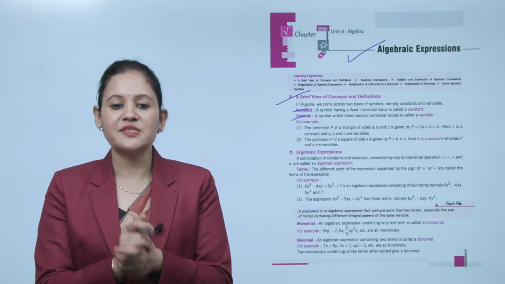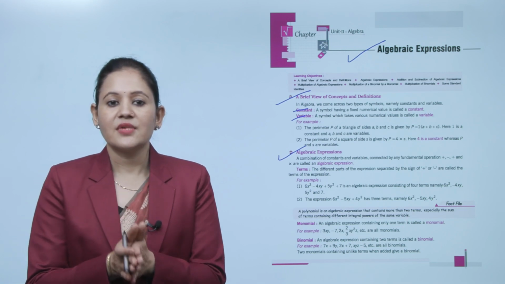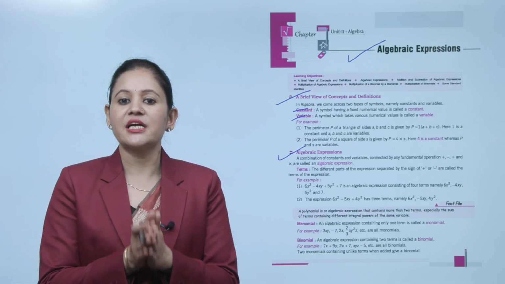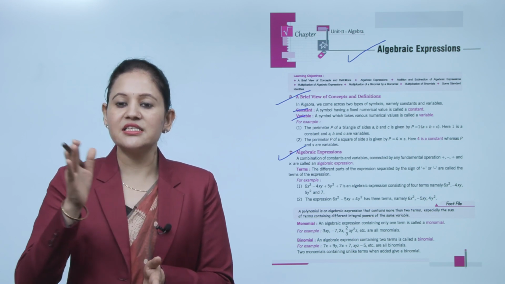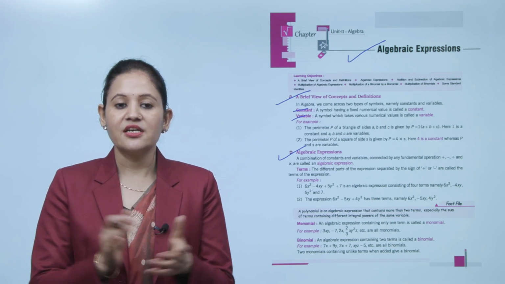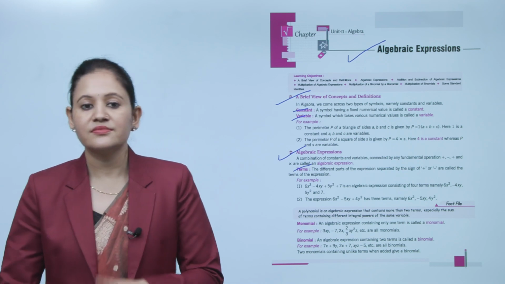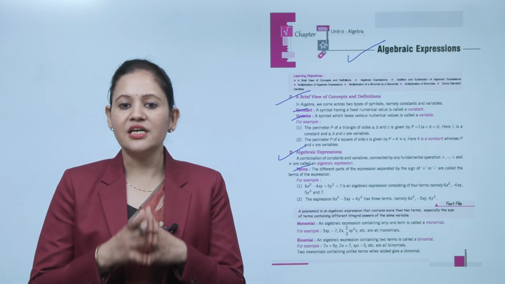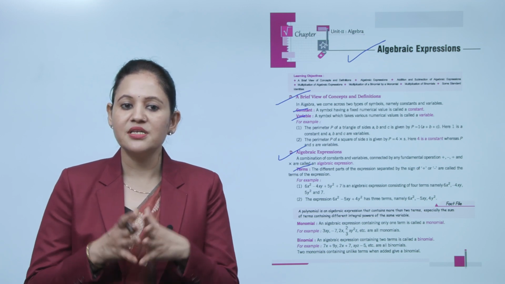Next is algebraic expression. A combination of constants and variables connected by any fundamental operation like plus, minus, division and multiplication is called an algebraic expression. Terms: the different parts of the expression separated by the sign of plus or minus are called the terms of the expression.